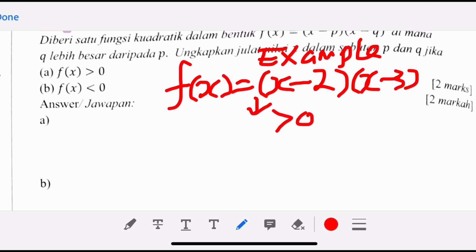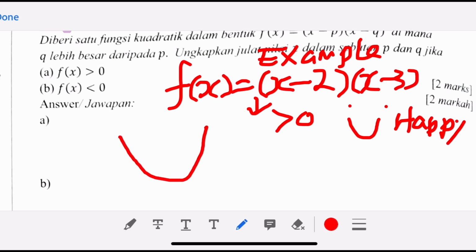You notice that the x squared has coefficient 1, which is positive, so you will have a happy face. You sketch out the happy face like this, and label 2 to the left and 3 to the right.